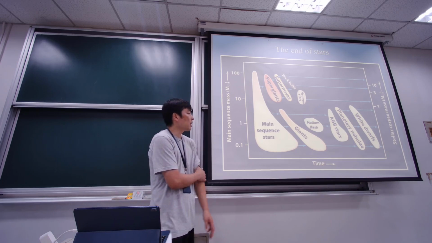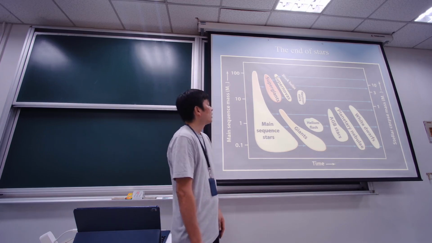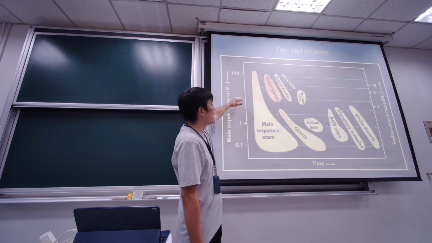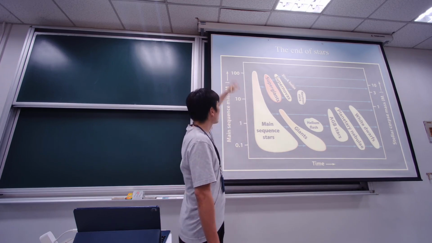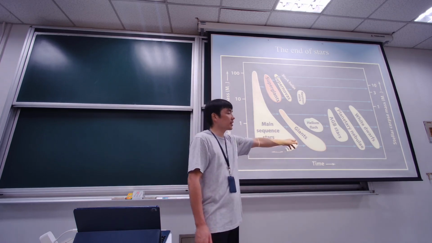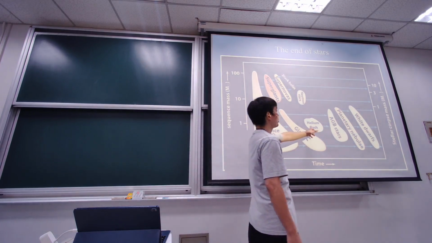So start with a main sequence star, and if the mass is less than 8 solar mass, as I said, this is solar mass, it becomes a giant, and then you have a helium flash and so on.